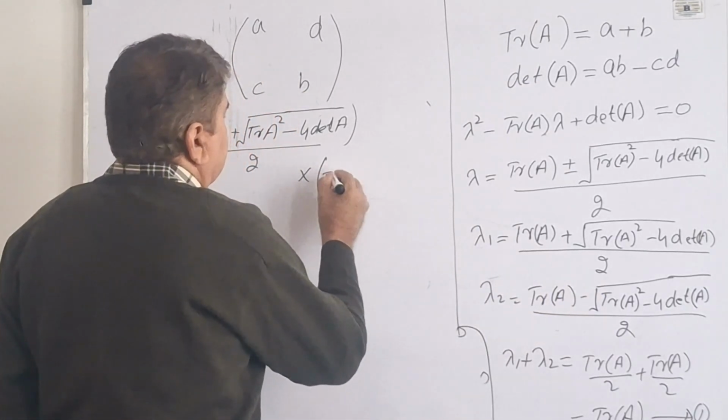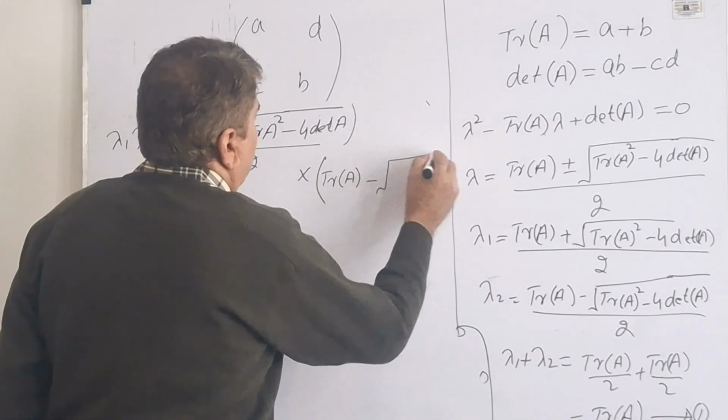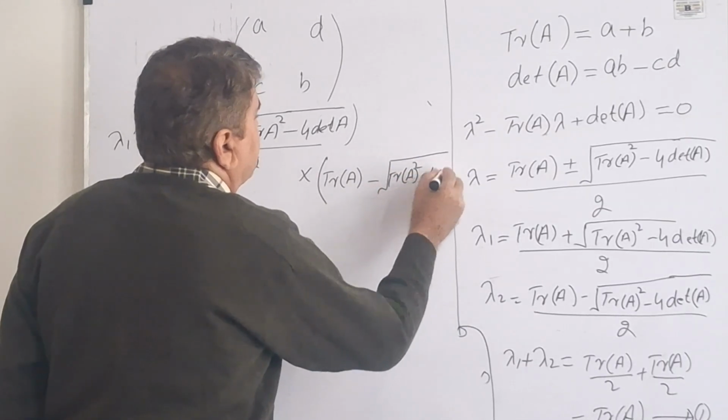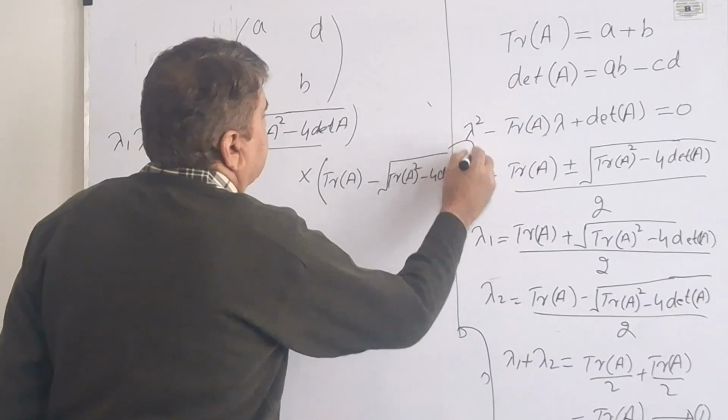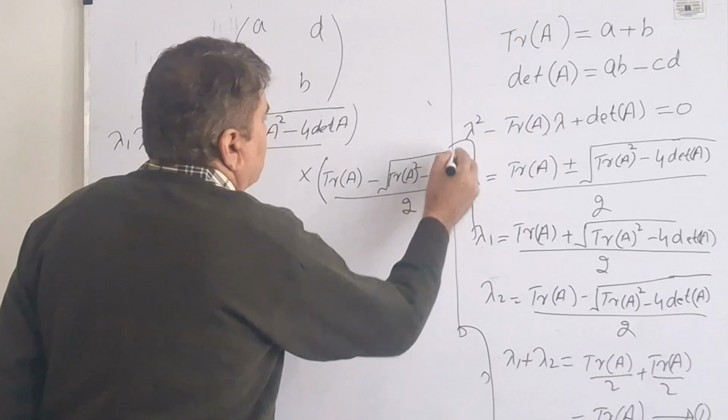So I write trace of A minus square root of trace of A squared minus 4 determinant of A, the whole divided by 2.